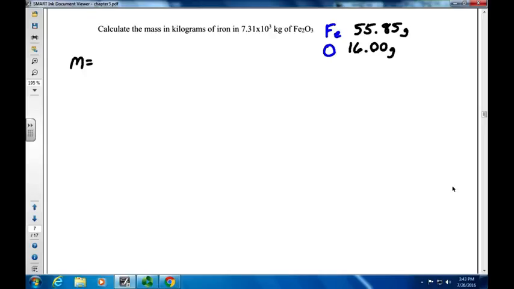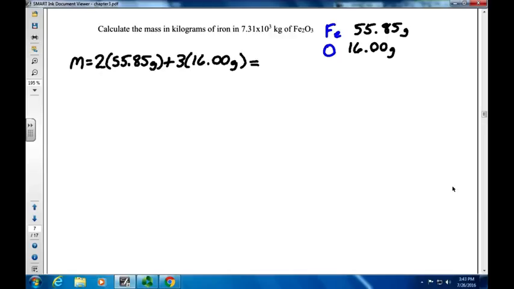So our mass for the molecule is 2 iron, so 2 times 55.85 grams plus 3 oxygens, which is 16.00 grams.